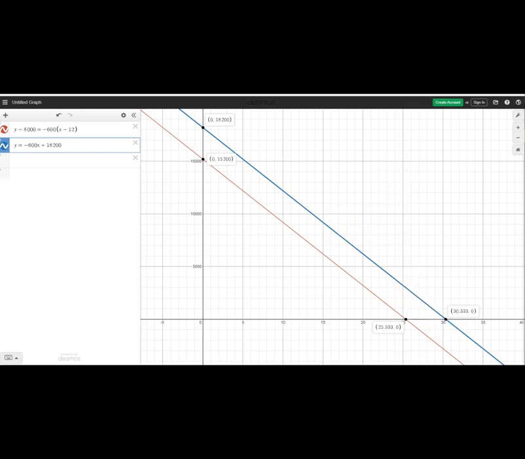Okay, so that's how we can compare those slopes, or at least get the values that we would need in order to compare those slopes.